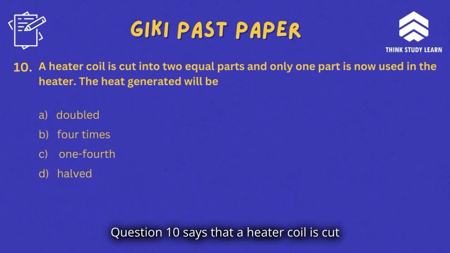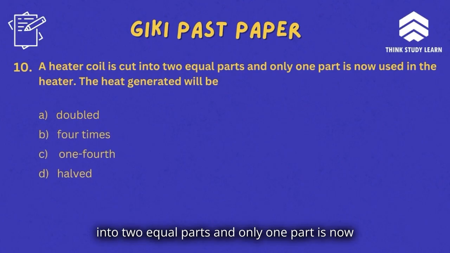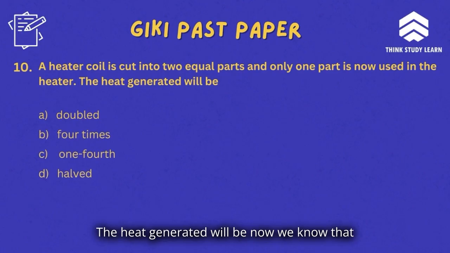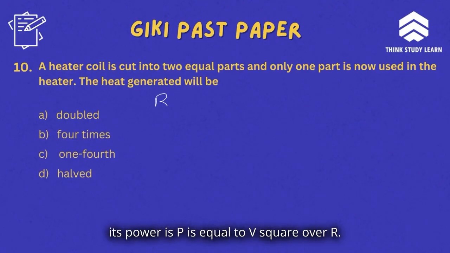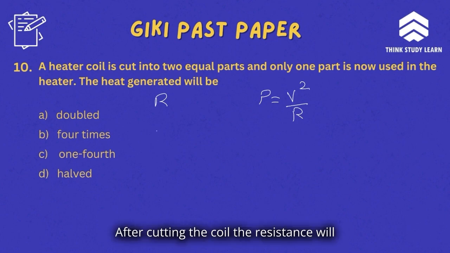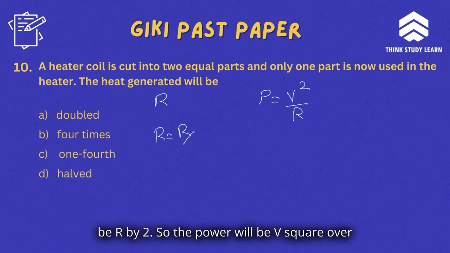Question number 10 says that a heater coil is cut into two equal parts and only one part is now used in the heater. The heat generated will be? Now we know that the original coil has a resistance of R and its power is P is equal to V square over R. After cutting the coil, the resistance will be R by 2.